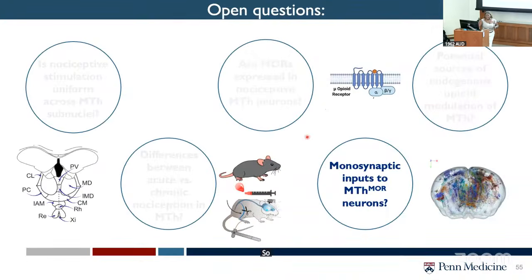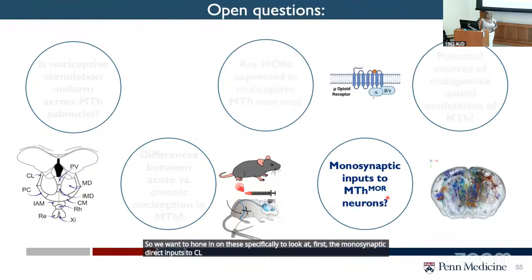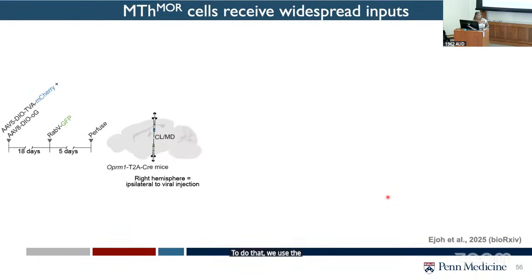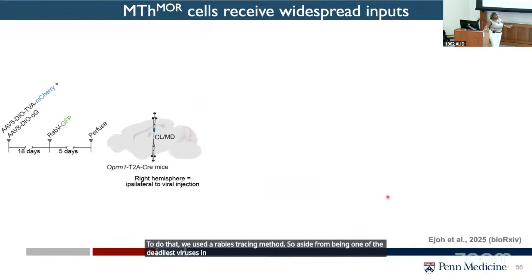So we wanted to hone in on these specifically to look at, first, the monosynaptic direct inputs to CLMD Mu-opioid receptor neurons. To do that, we used the rabies tracing method. Aside from being one of the deadliest viruses in the world, rabies virus can actually be useful for neuroscience. This is a useful tracing tool because it can hop neural synapses.